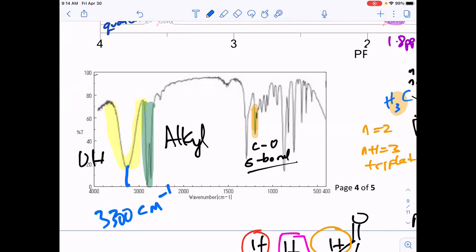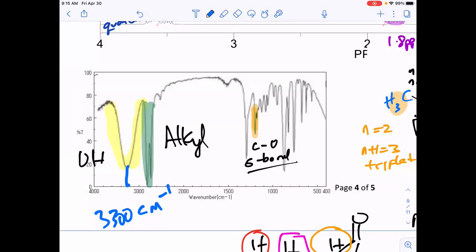The way that infrared works is if you bombard a sample with infrared radiation, in that range of wavelengths, a functional group is only going to absorb at a wavelength that matches its own wavelength, or a frequency that matches its own frequency.